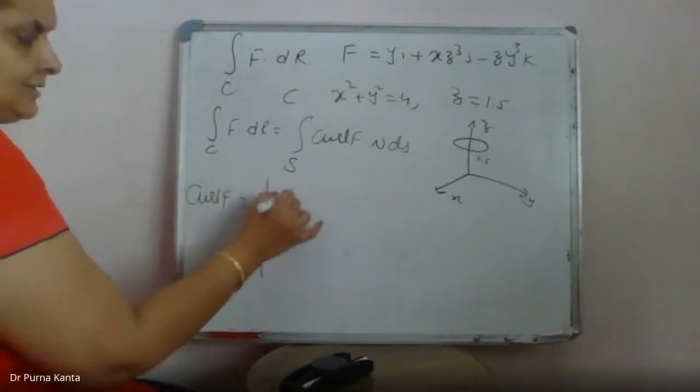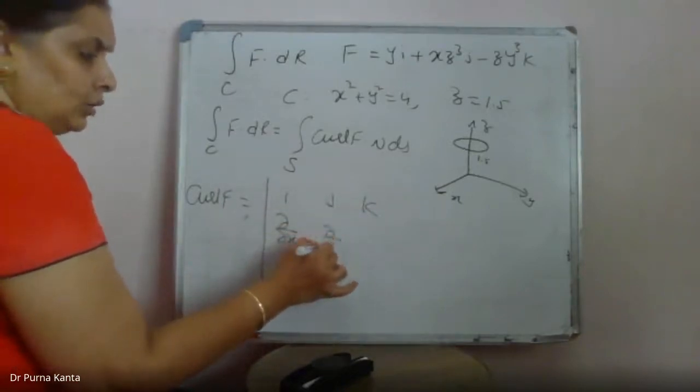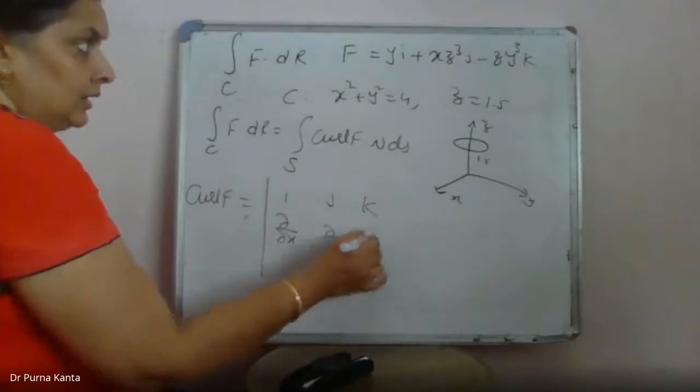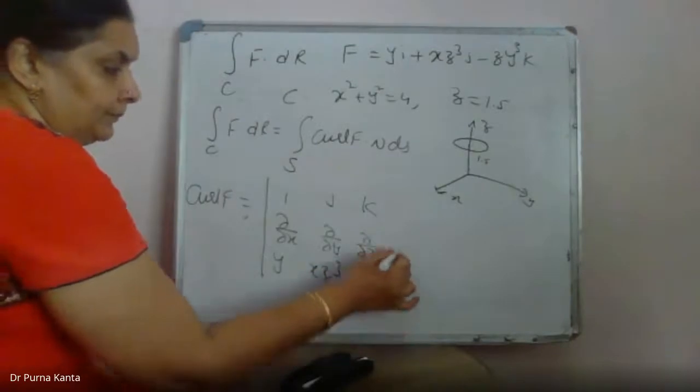Curl F is the determinant of i, j, k; dou by dou x, dou by dou y, dou by dou z; y, xz cubed, minus zy cubed.